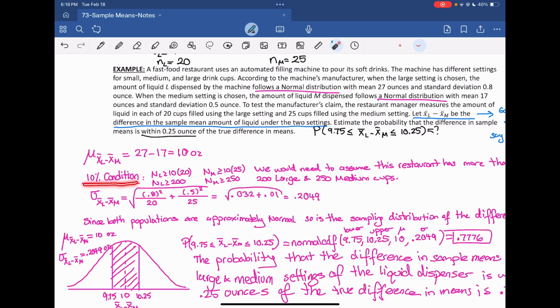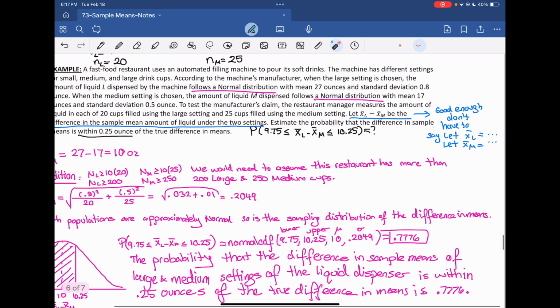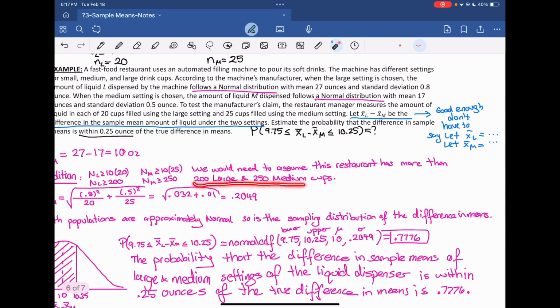10% condition. My large population has to be over 200 and my medium population size has to be over 250. We would need to assume this restaurant has more than 200 large and 250 medium cups. We would have to assume that to use the sigma formula.